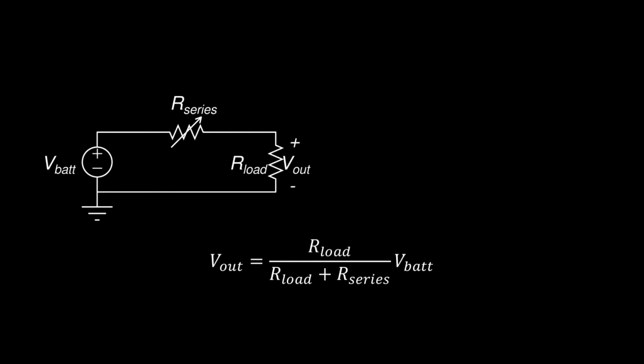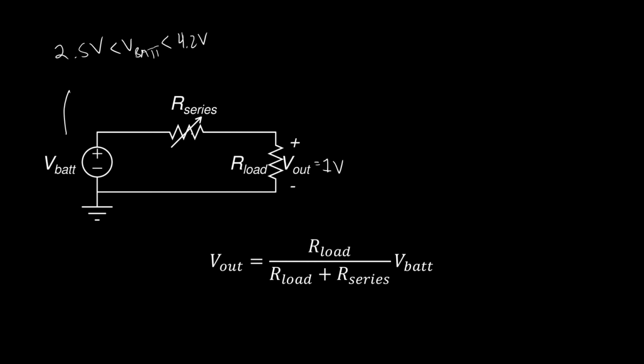However, last time, what we were talking about was this voltage divider, right? Last time we wanted to regulate a battery voltage which varied from 2.5 volts up to 4.2 volts. And we wanted to regulate that to 1 volt. We wanted V out to be 1 volt at all times.